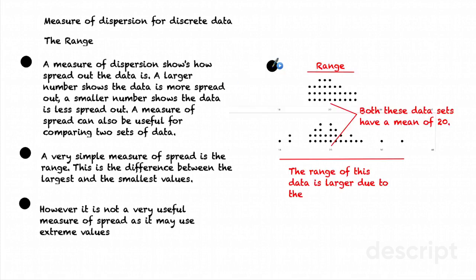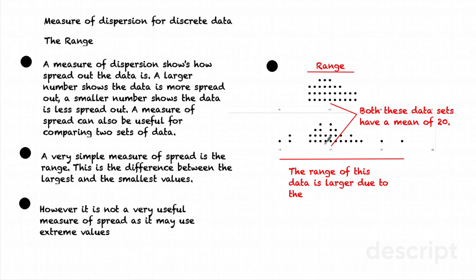Let's look at these two sets of data. Both of these sets of data have a mean of 20. But we can see how different the range is. The first set of data is concentrated around the mean, and the range, the difference between the largest and the smallest, is quite small.